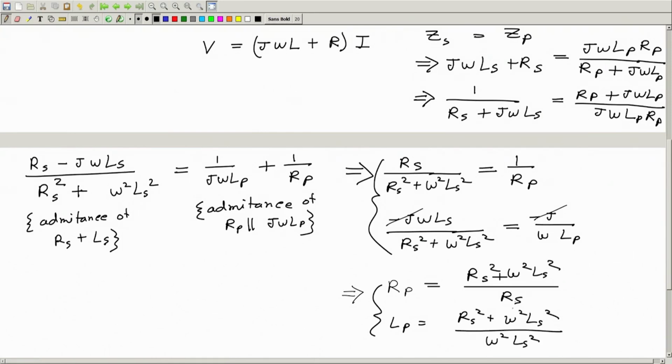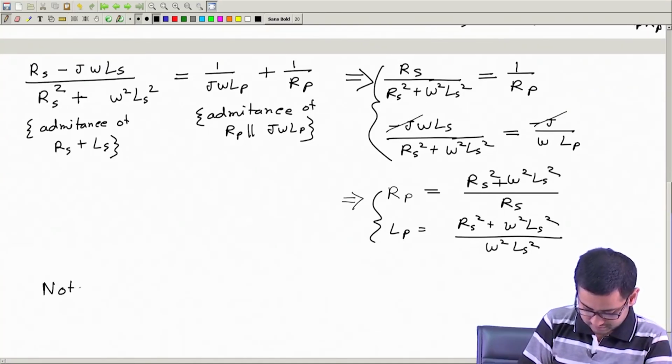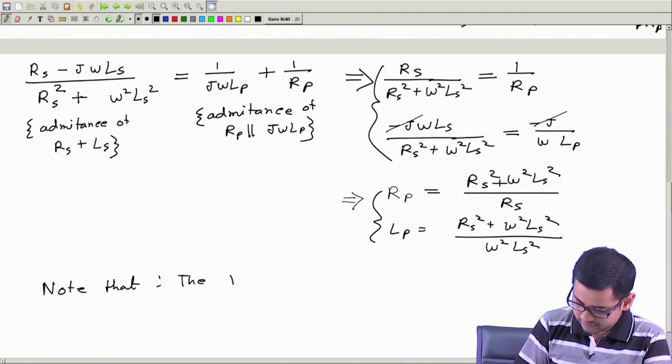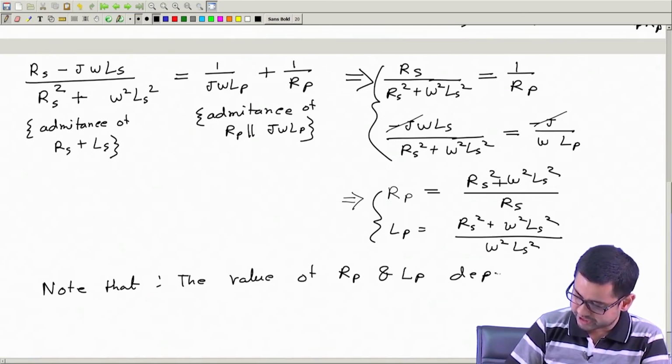So, given Rs and Ls, we can thus find Rp and Lp such that the parallel combination of Rp and Lp will be equivalent to the series combination of Rs and Ls. Note that the value of Rp and Lp depends on the frequency omega.